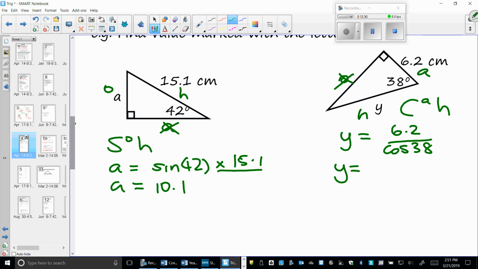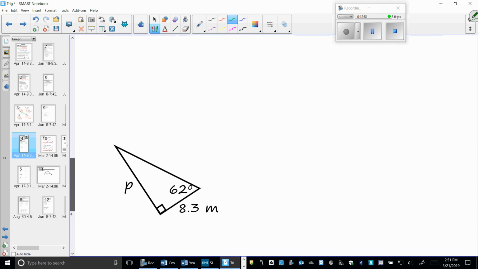Well, you've all got the answer somewhere. What is it? 7.87. I'm not putting units, and I should be. Just double check when you're writing your numbers. We're finding the hypotenuse there, so we know it has to be longer than 6.2. Just have that in the back of your mind.